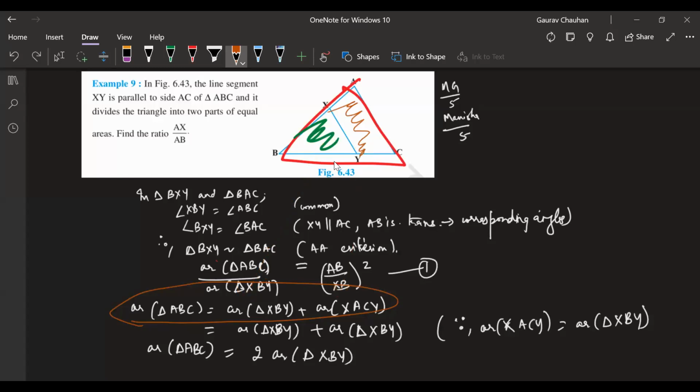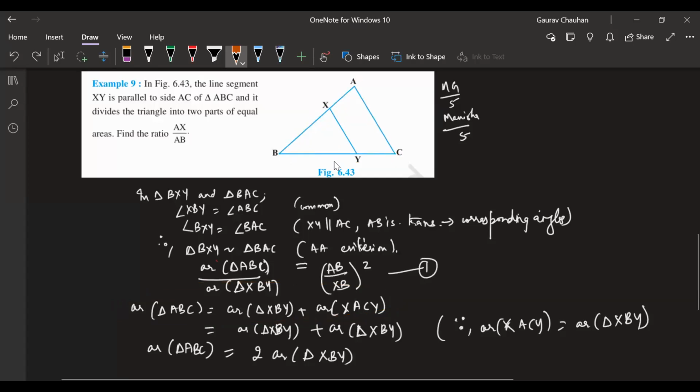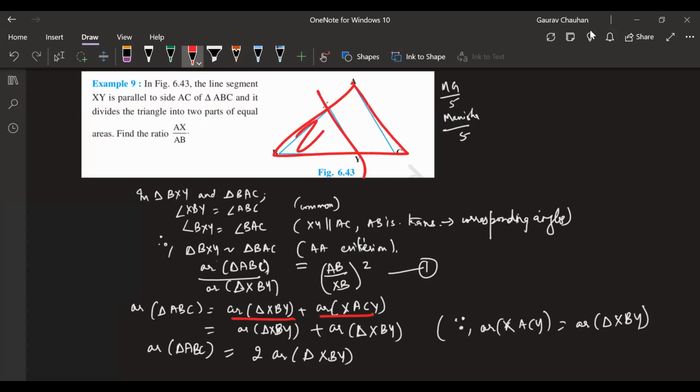Bindu, yes, sir. Okay. Now, this is okay, Bindu, or not? Yes, sir. Now, Bindu, this plus this we know because common sense. I have just drawn this plus this area plus this area will be the triangle ABC, right?